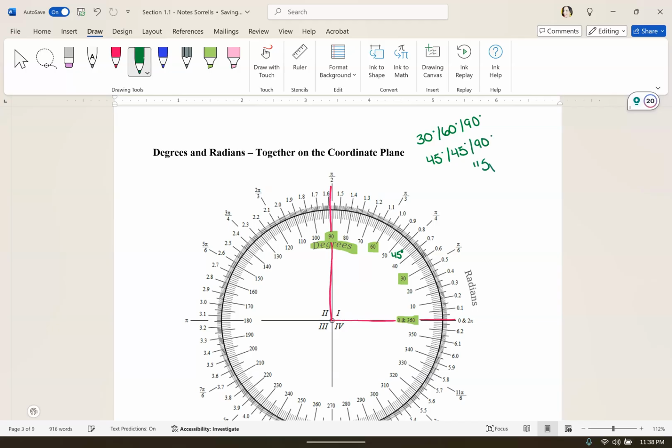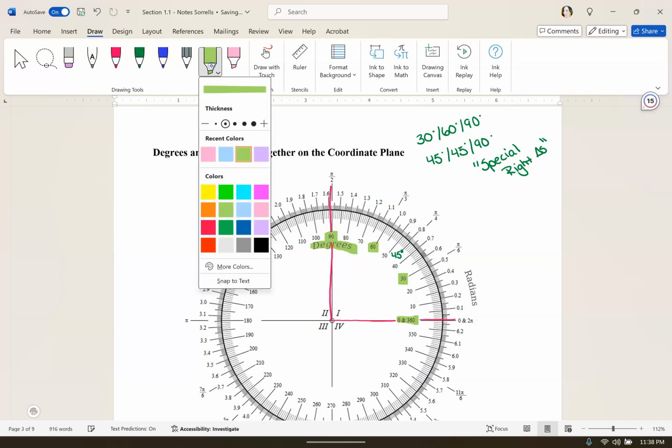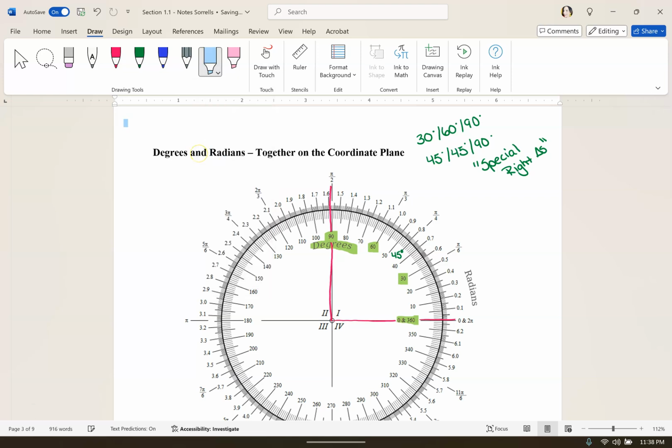Those are what we call special triangles. So that is why I'm wanting you to highlight those. We're not going to talk about them today in detail, but I do want you to make a note of those, which means I want you to also make note of the radians.